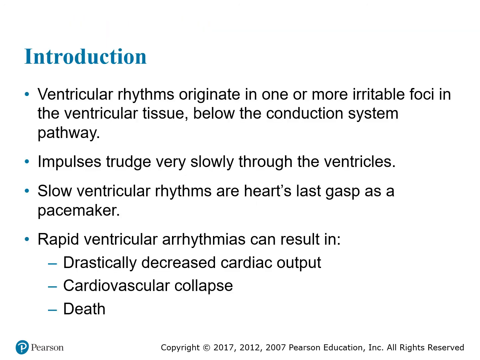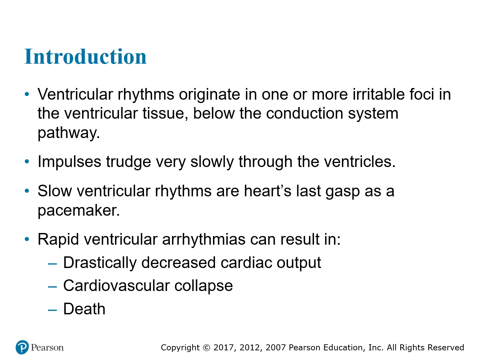The ventricles are the heart's least efficient pacemaker. If the ventricles function as the heart's pacemaker, they normally generate impulses at a rate of 20 to 40 beats per minute. The ventricles may assume responsibility for pacing the heart if the SA node fails to discharge, along with the atria, which is the next pacemaker.